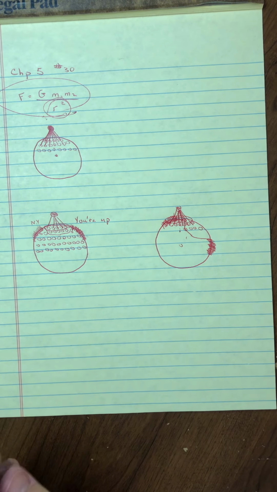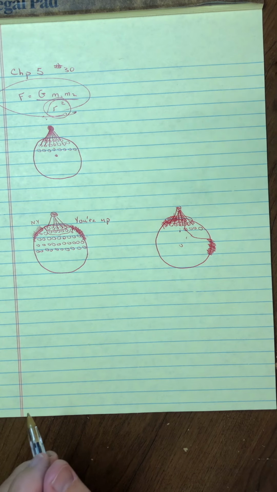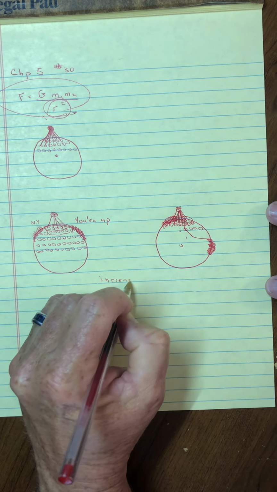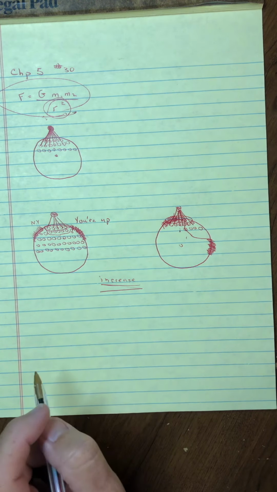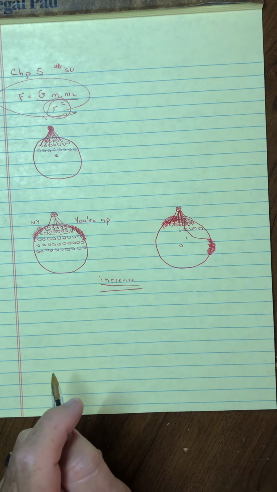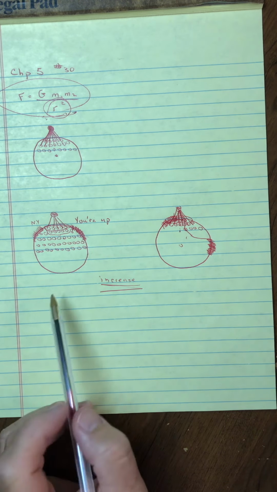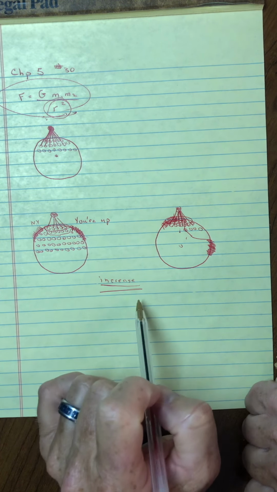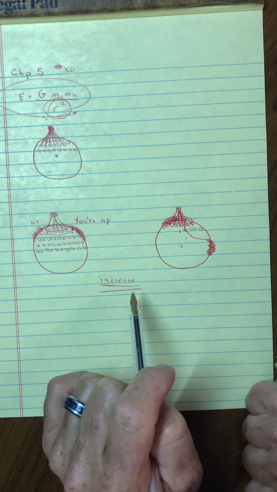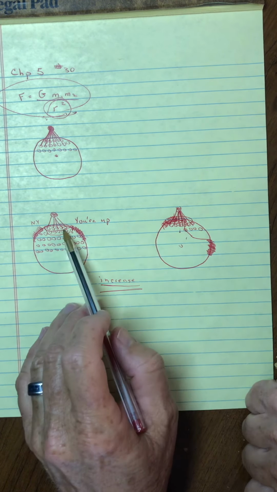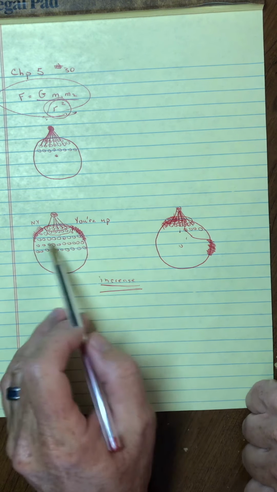Nobody says that. But the question is, what happens to your weight as the ship leaves the deep water and then gets to the shallow water? You're going to have a small increase. The density of rock is a couple times more than water. Of course, it won't be like you would weigh a couple times more, only a little bit more, because just a very, very small percentage of all the stuff changed.